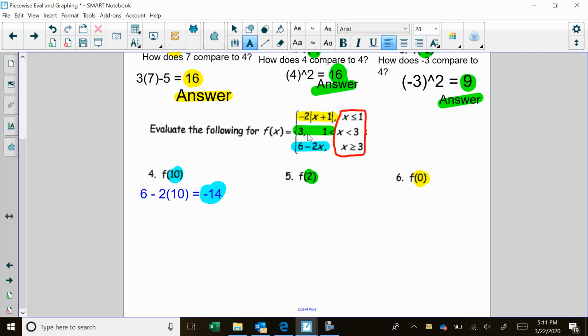So therefore, this 3 becomes the answer. 3 is the answer. There was no way for us to plug a 2 into this. So the value that is there becomes the answer. That 3 comes directly from right there.